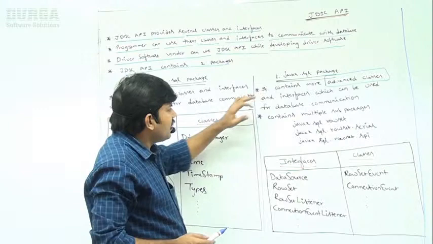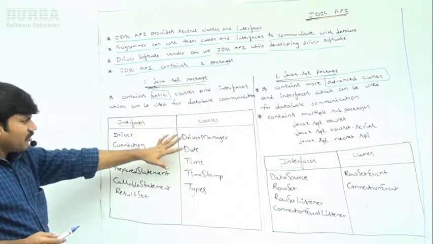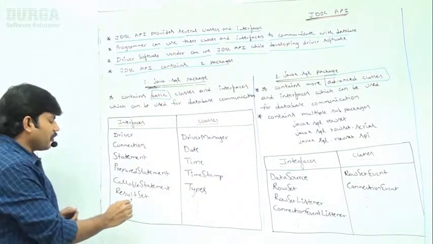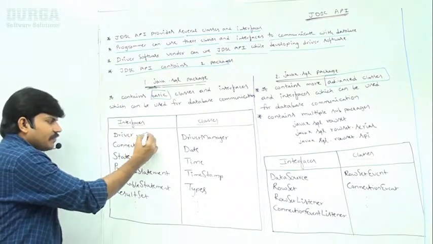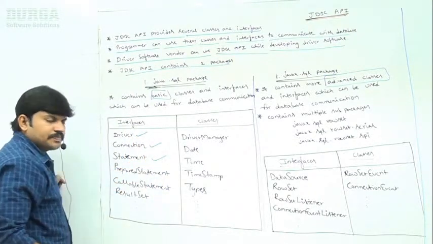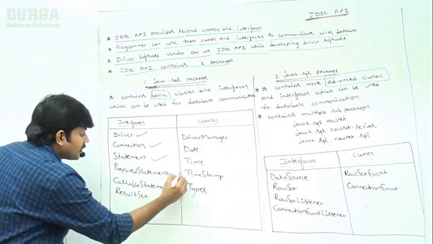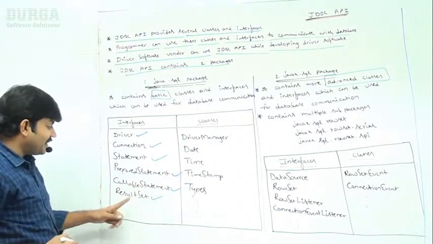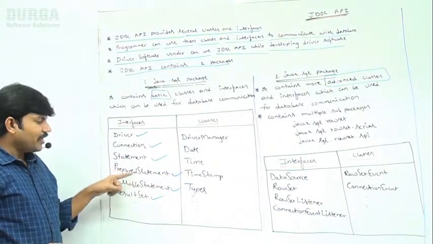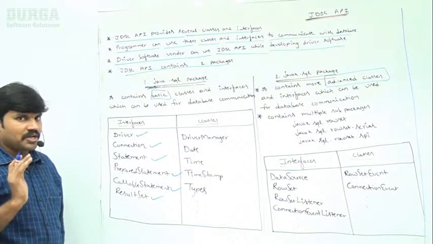Of course, sir, in the java.sql package, what are the various important interfaces? Driver, Connection, Statement, PreparedStatement, CallableStatement, ResultSet, like this. Sir, a very important question for the interview room: what is a statement?